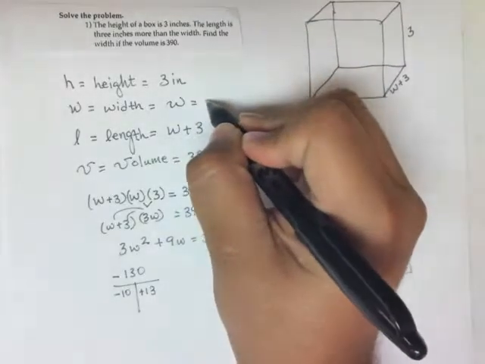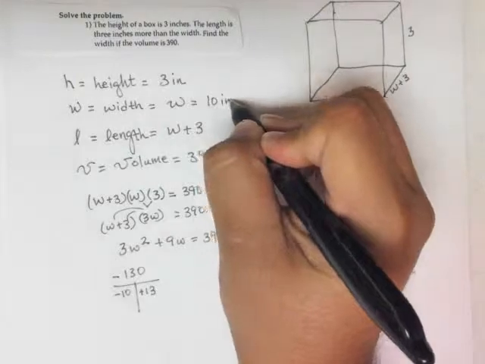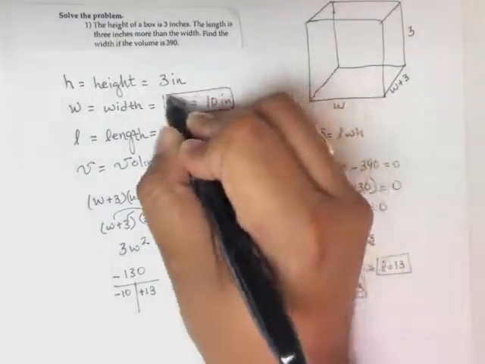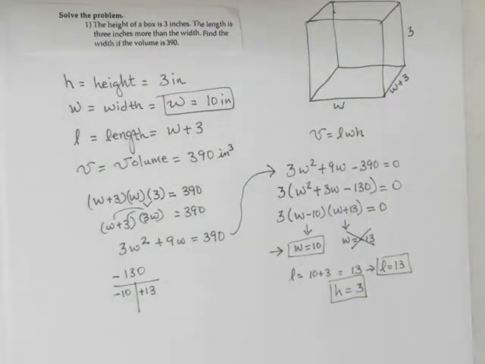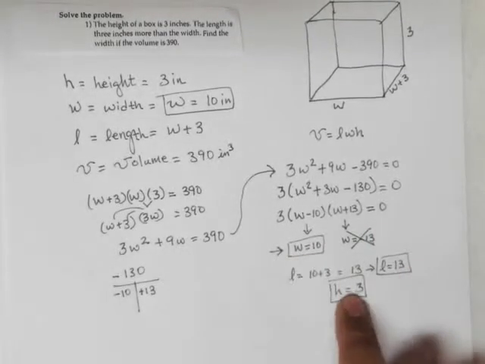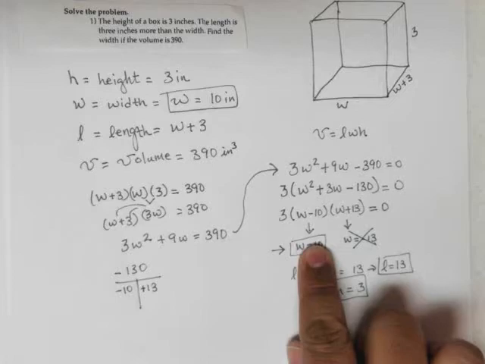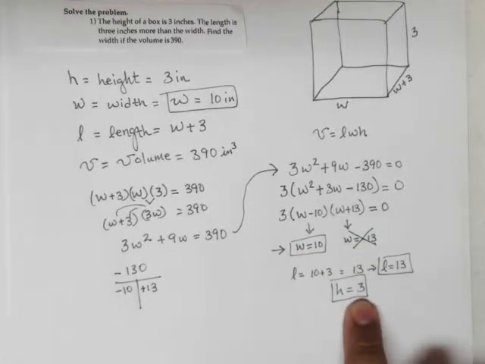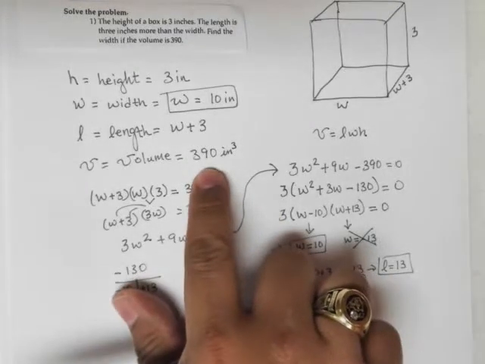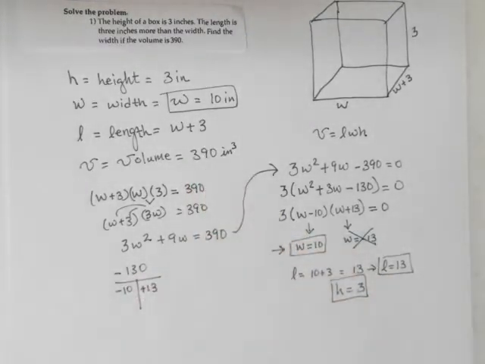But of course, we always want to check our answer and multiply the length times the width times the height. 13 times 10 is 130, times 3 is 390 cubic inches. And guess what? It checks out with what we were given in the problem. So this is how we would find the width for this word problem.